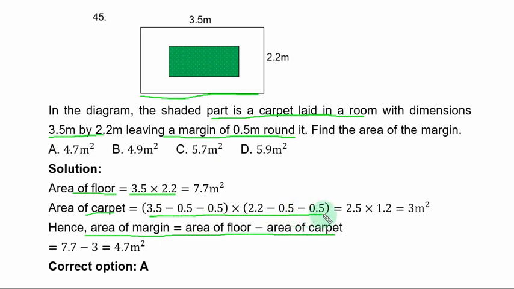After subtracting, you have 2.5 times 1.2, and that is 3 square meters. So the area of the margin is 7.7 minus 3, and that is 4.7 square meters. So A is the correct option.